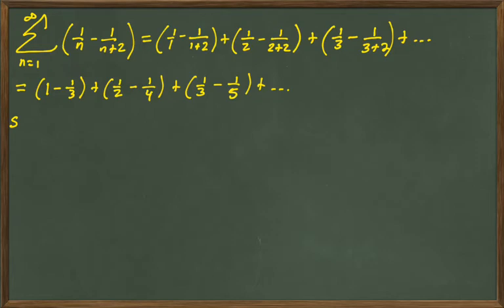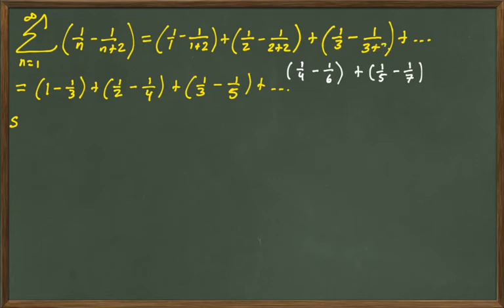However, if we wrote out the next piece, it would be 1 over 4 minus 1 over 6. And the 1 over 4s would absorb, and then the 1 over 5 would absorb in the next part. Okay, and so we do see that telescoping effect.